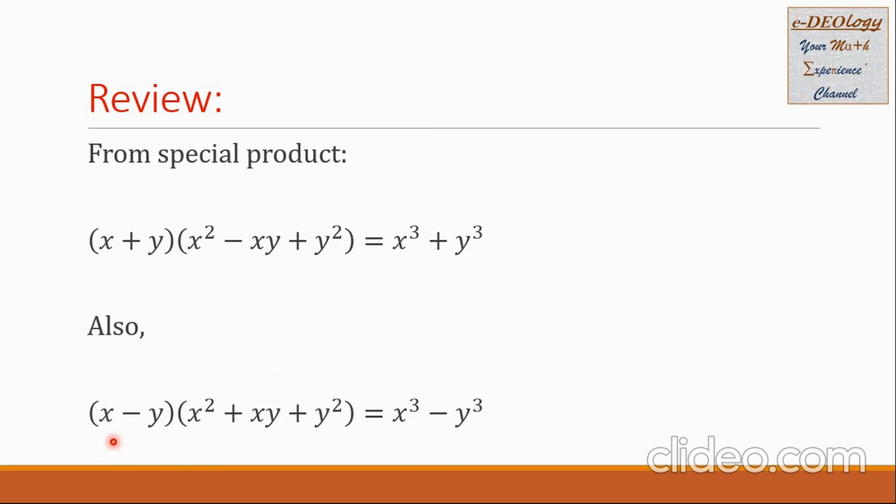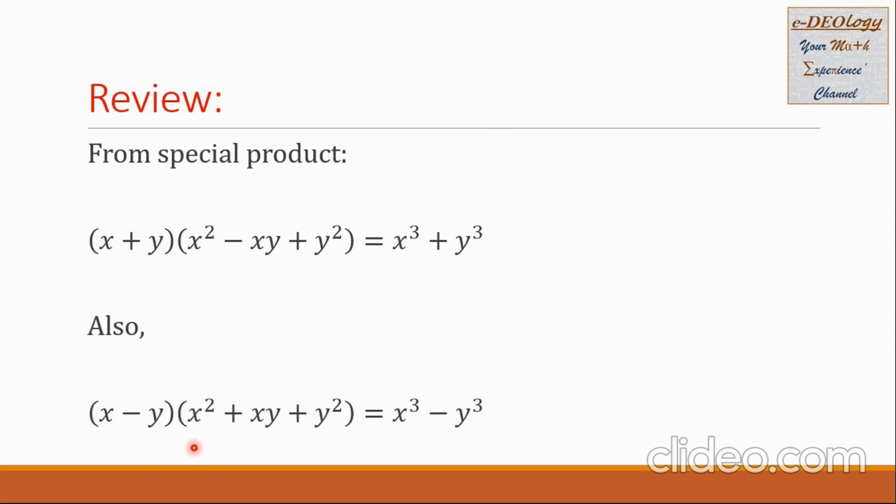The binomial factor is related to our product. The first term x is placed on the product with power 3, and then minus. Take note that our sign here is the same as our sign in our product, followed by the y, which is placed here and then with power 3.